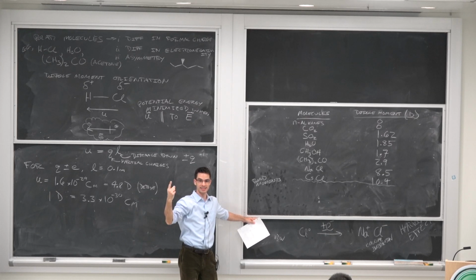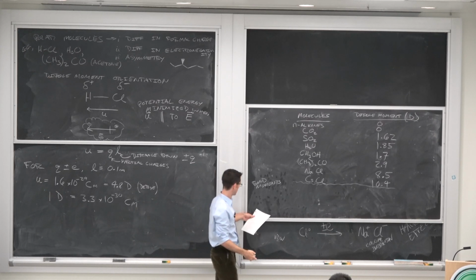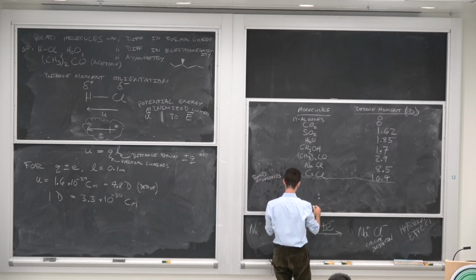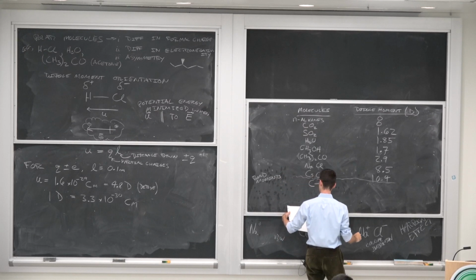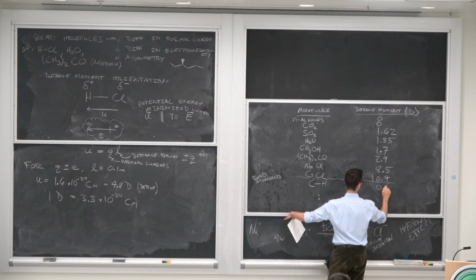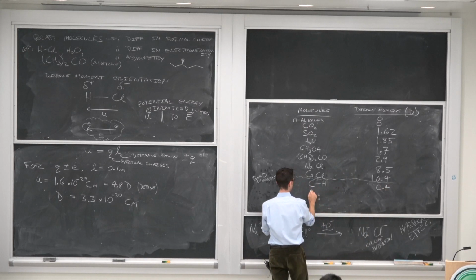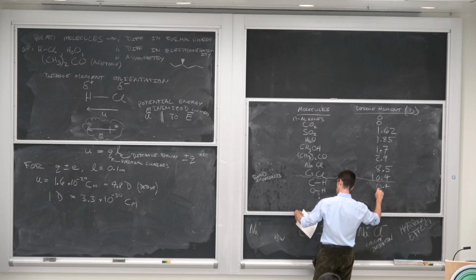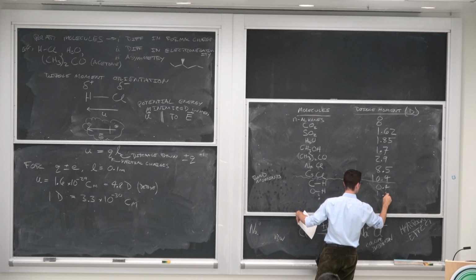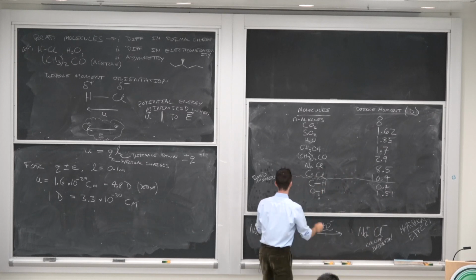Then we calculate its magnitude. We can look these up in a table, but here are some examples. A CH bond by itself is worth 0.4 D. An OH bond by itself is worth 1.51.